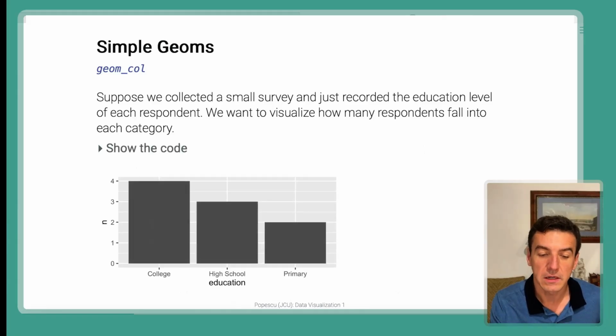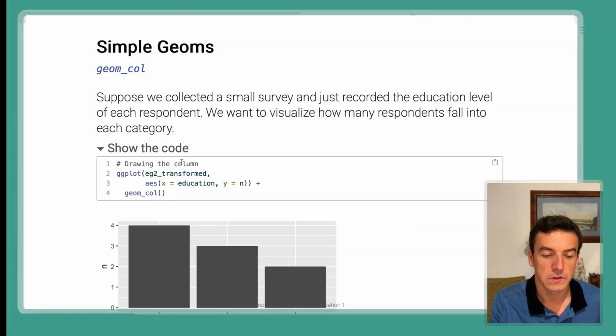So finally, we can plot these respondents like this. So notice that we have 4 people with college level of education. We have 3 people with high school level of education. And then we have 2 people who have primary school education. This is how we produce this graph.